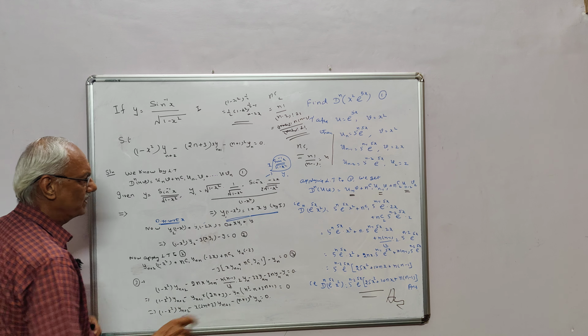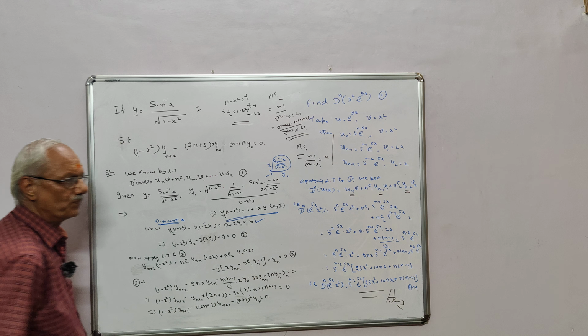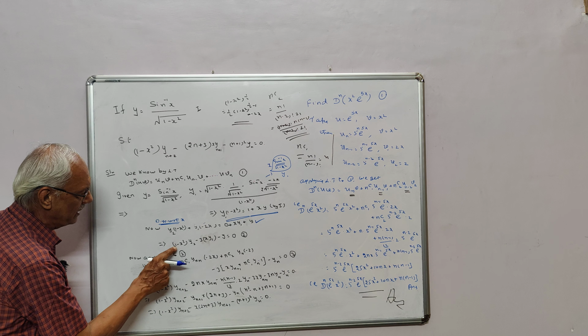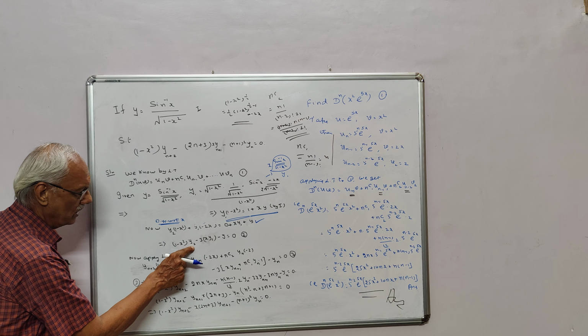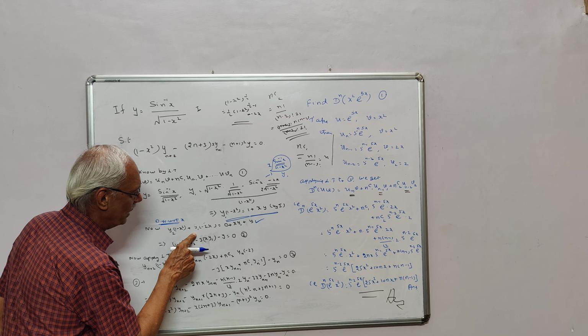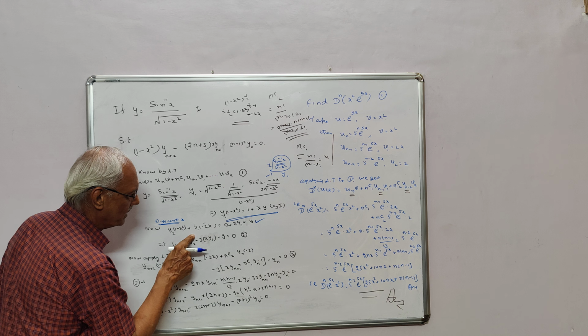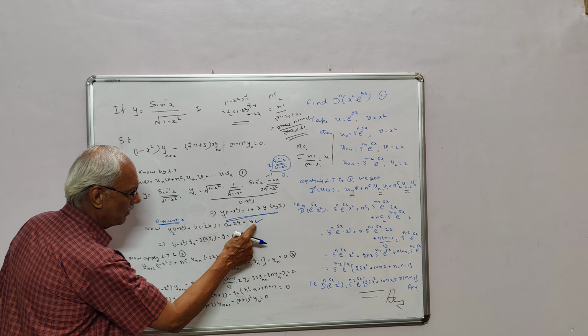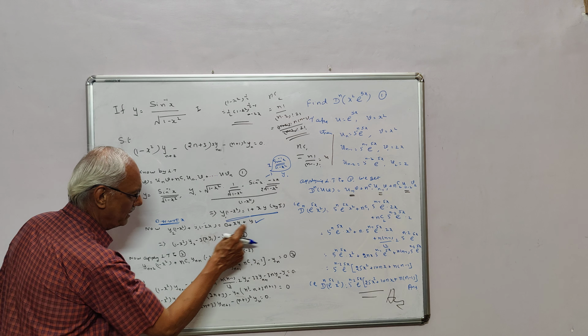Then what you get here is 1 minus x squared into y2 minus 2xy1, and when xy1 comes to the left hand side you get minus 3xy1. Bring y to the left hand side, so minus y is equal to 0. So simplifying, I am getting 1 minus x squared into y2 minus 3xy1 minus y equal to 0. Now this is a very, very important place.